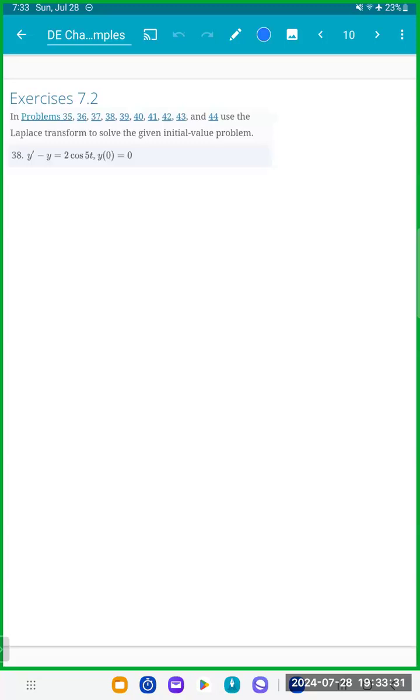Another one of those types of problems. So we have y prime minus y is equal to 2 cosine of 5t. We can break this out, so we have y prime minus the y.